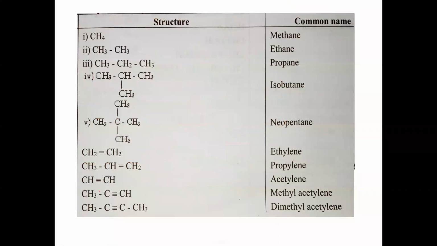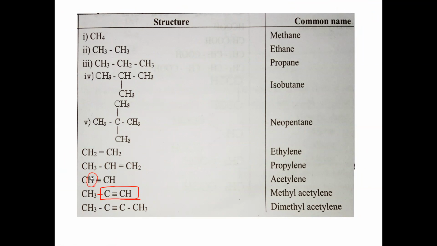In this case, first we have to select the triple bonded area. Between 2 carbons, we have to check the triple bond first. It is actually CH triple bond CH, similar to this. Now in this acetylene, this hydrogen is replaced by a methyl branch, CH3.